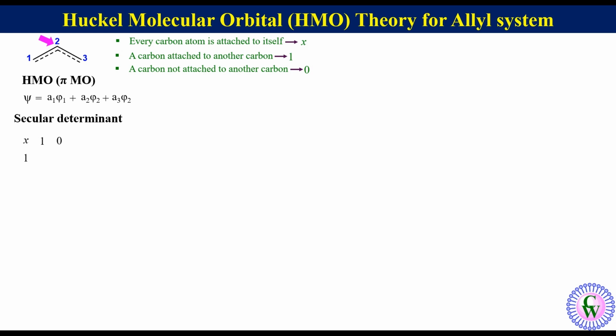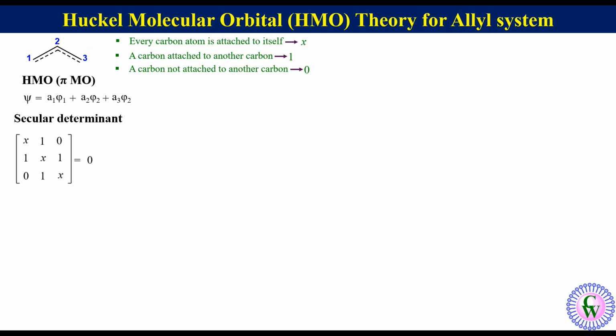C2 is attached to itself, so put X. And C2 is also attached to C3, so put 1 here. If we consider C3, C3 is not attached to C1, so put 0 here. C3 is attached to C2, so put 1 here. And C3 is attached to itself, so put X here.